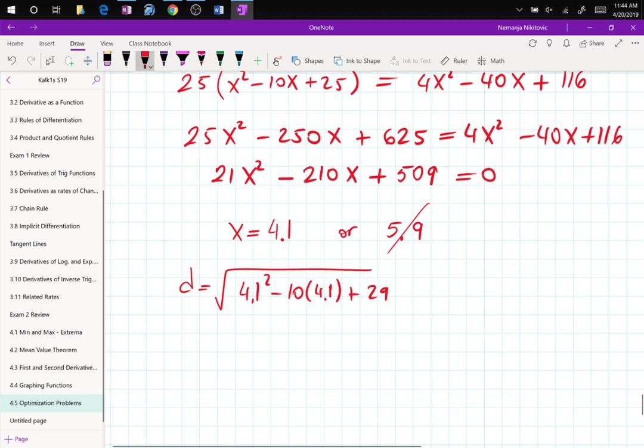So we have to compute this. 4.1 squared minus 41 plus 29 is the square root of 4.81. So the square root of the answer is 2.2 miles.